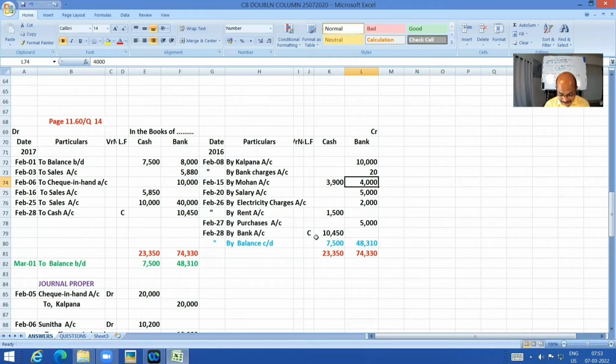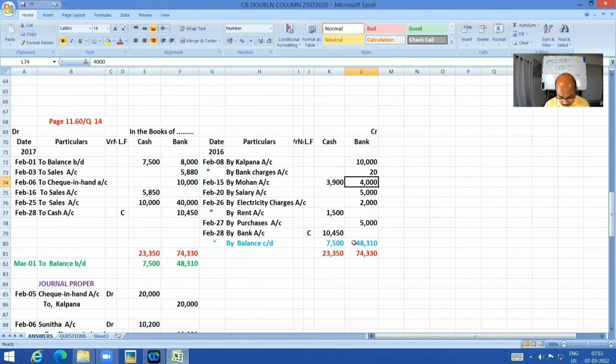Cash purchases doesn't mean you paid cash for the purchase. Not necessarily. It means you instantly settled it across the table, maybe by cash or maybe by check. Here what happened? By check. So by purchase in the bank column.